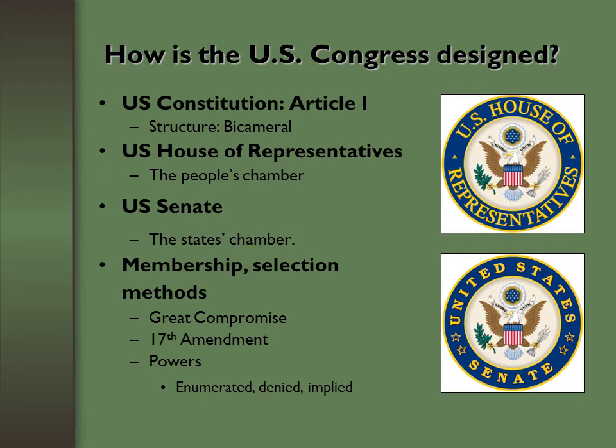So let me just talk about some of the important characteristics of each chamber before we move forward here. The U.S. House of Representatives, hint, hint, is called the People's Chamber, and I think that's pretty self-evident here because we, the people, elect members of the U.S. House. And if you think about this, folks, they represent really the interests of the majority, right?